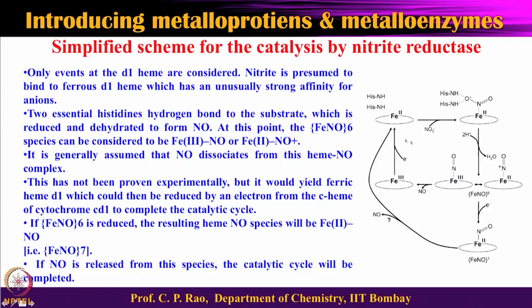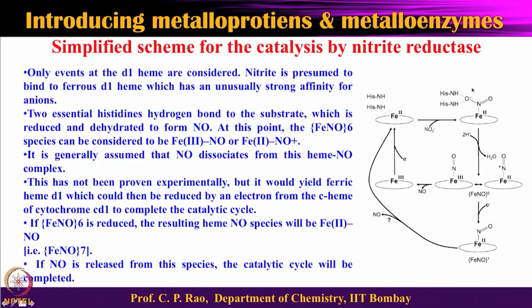So, let us look at the D center here in the reduced form, which is the iron 2 form. This is the center where the NO2 substrate binds, and this substrate has an interaction with the nearby histidines, as I showed you on the earlier slide, and this is what brings recognition for the substrate binding.